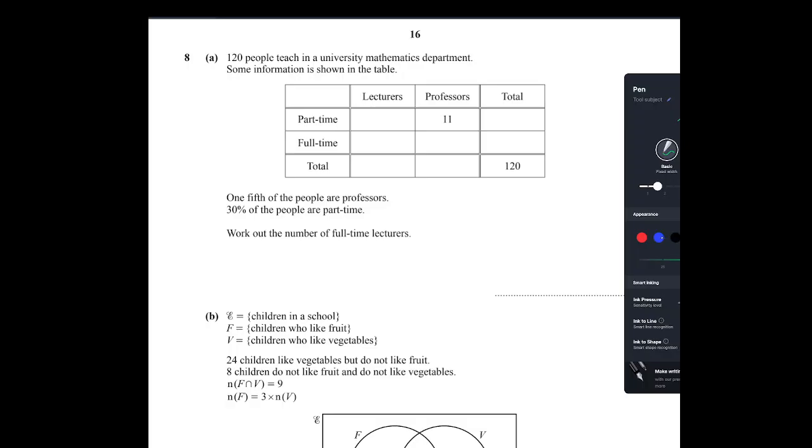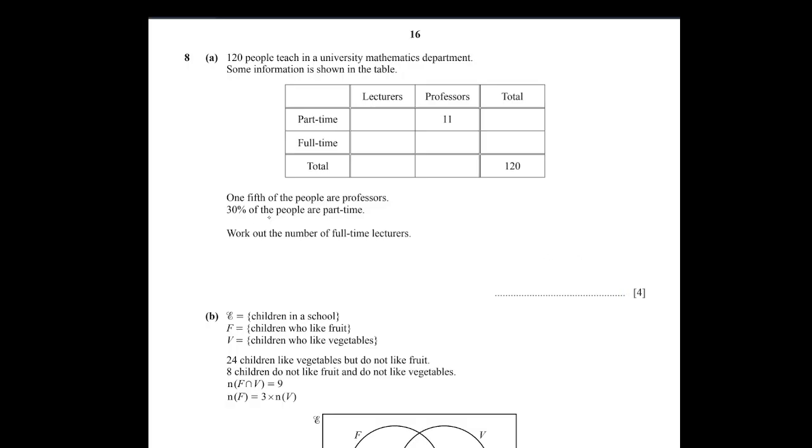Okay, so first you find out 1/5 of the people. What is 1/5 of the people? 1/5 into 120, we find by using the calculator. 1 by 5 into 120, 24.